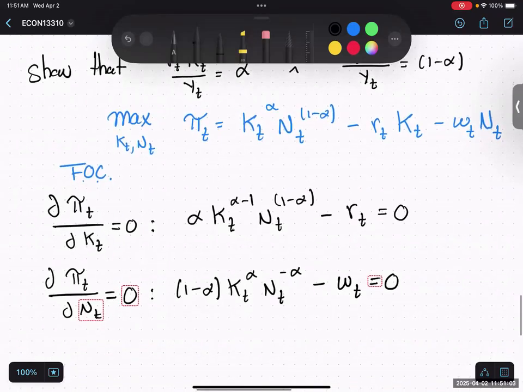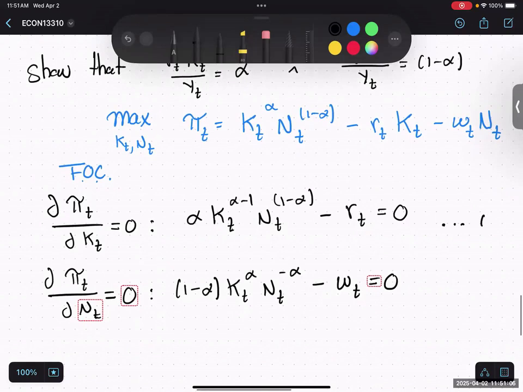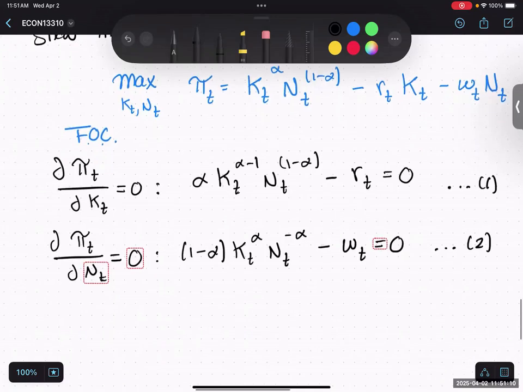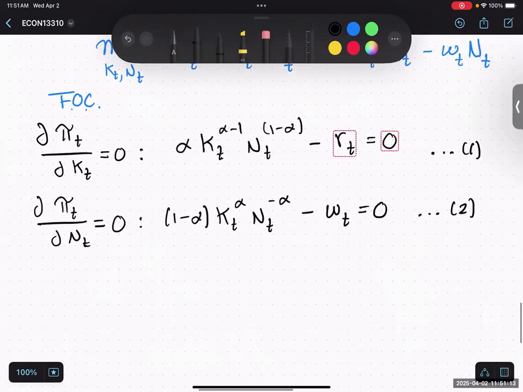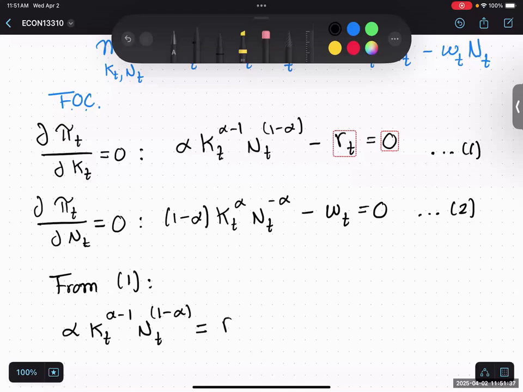I'm going to call the first order condition equation number 1, and the second first order condition equation number 2. From equation number 1, we could add R_t on both sides of the equality, and what we will get is alpha K_t to the alpha minus 1, N_t to the 1 minus alpha, equal to R_t.